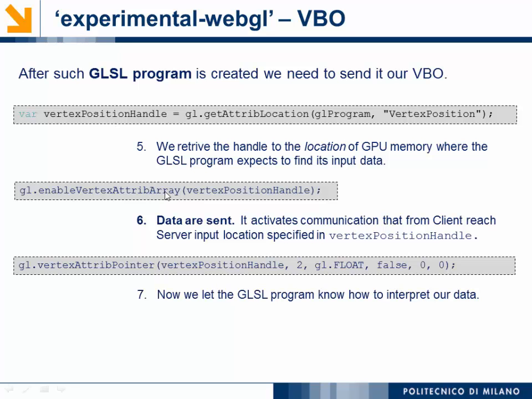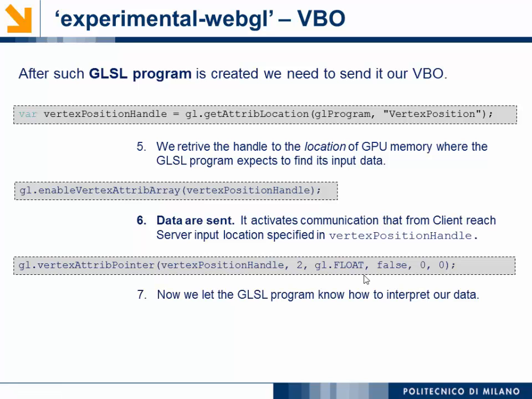Enable is just required, otherwise it won't work. But then we send the data, and we send the data to the input vertex position handle. We specify that each vertex is defined by two floating values, by two data elements. The data elements are float values, and this is important because we are working on memory.